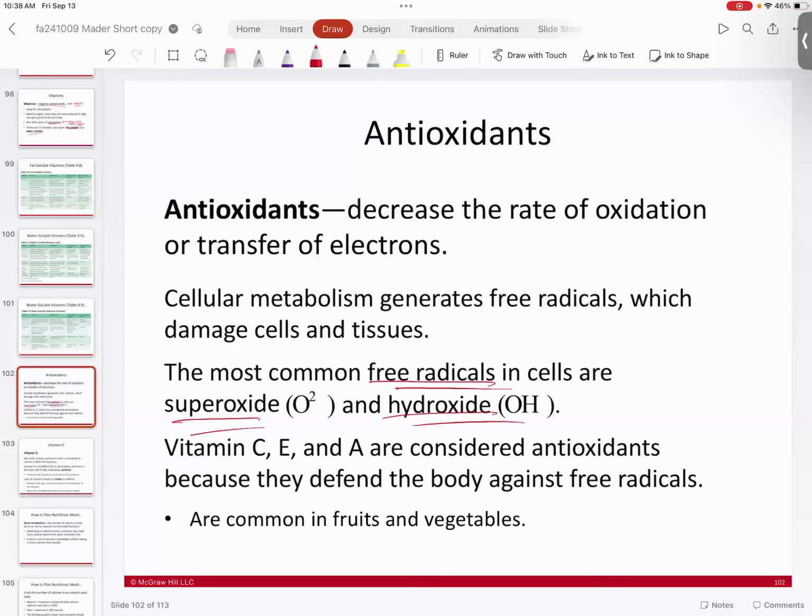These basically will all damage tissue. And when you damage tissue, you can cause mutations and you can cause all sorts of bad things. And so the antioxidants basically will sort of detoxify. So these detoxify oxidizing agents.